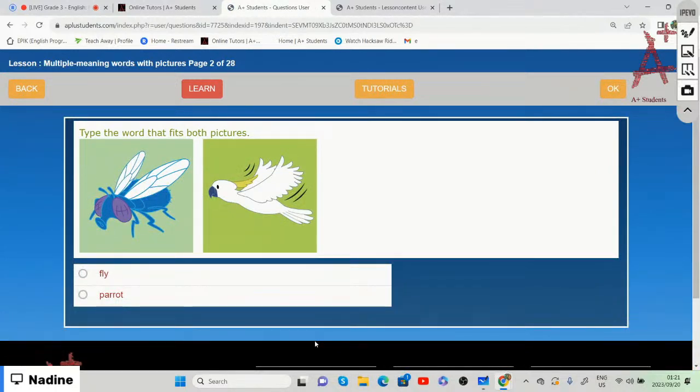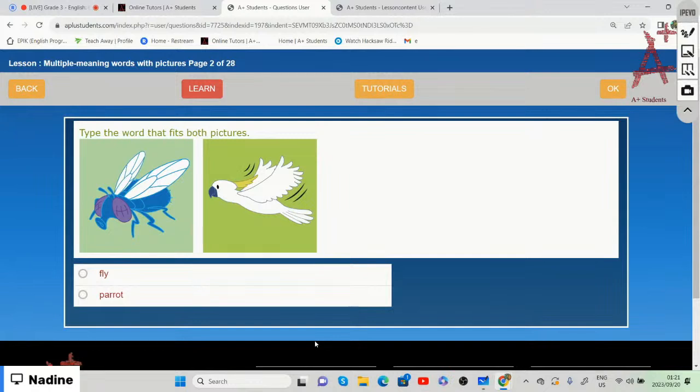If we look at the two pictures, right? Is it fly or is it parrot? Fly or parrot? One is a fly that flies around irritating people, and the other bird is flying in the sky.